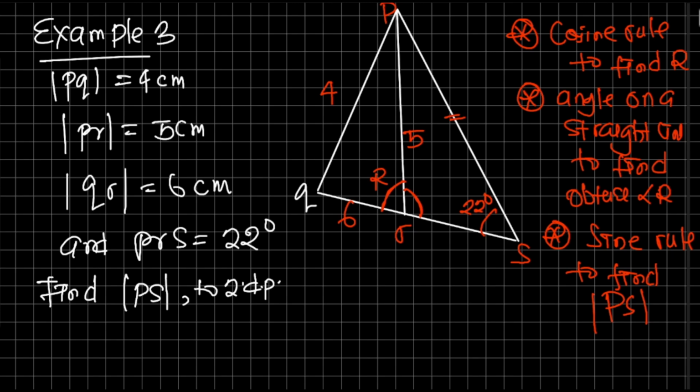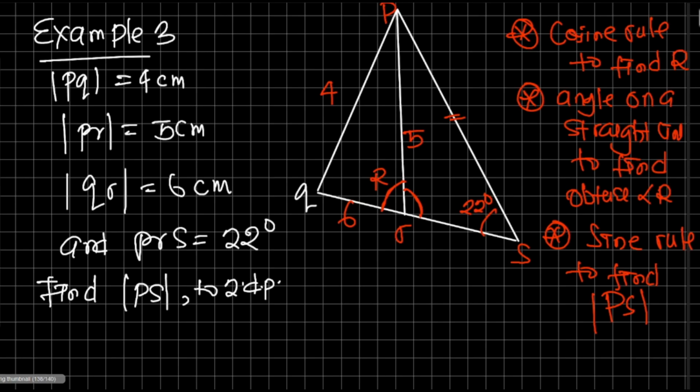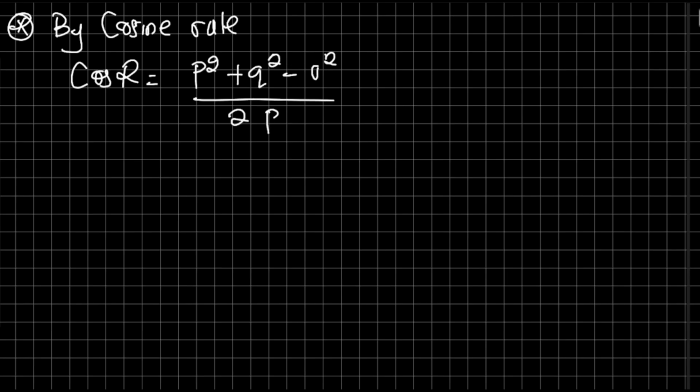So using the cosine rule, let's find R. Starting with the cosine rule, cos R equals P squared plus Q squared minus R squared all over 2PQ.